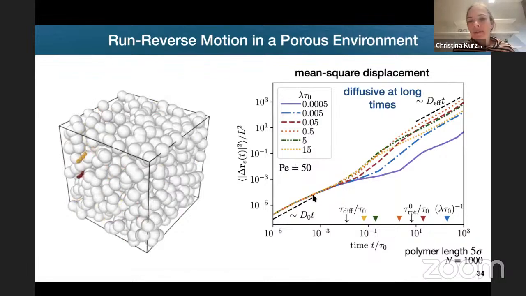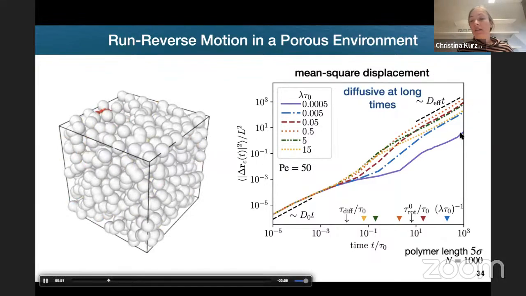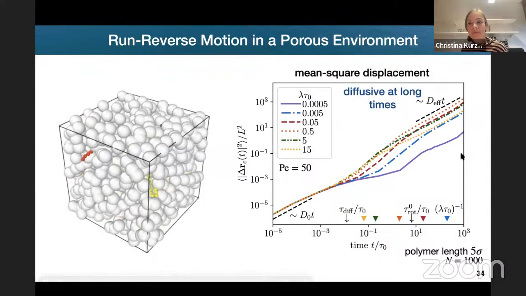And what we see is that at long times the motion is, again, diffusive. We observe that those cells that never, or hardly ever, tumble show the lowest effective diffusivity, while those that do tumble show a higher effective diffusivity, and it's higher by orders of magnitude, right?